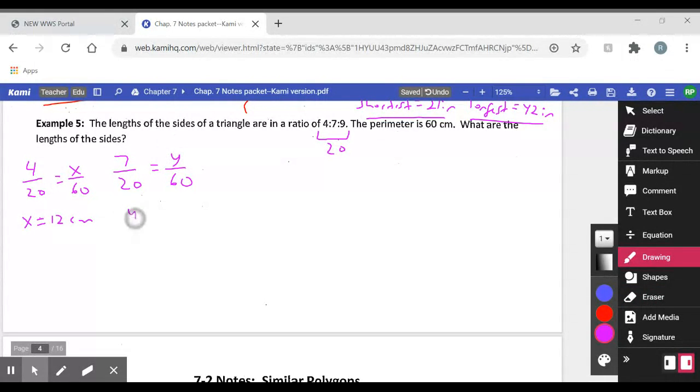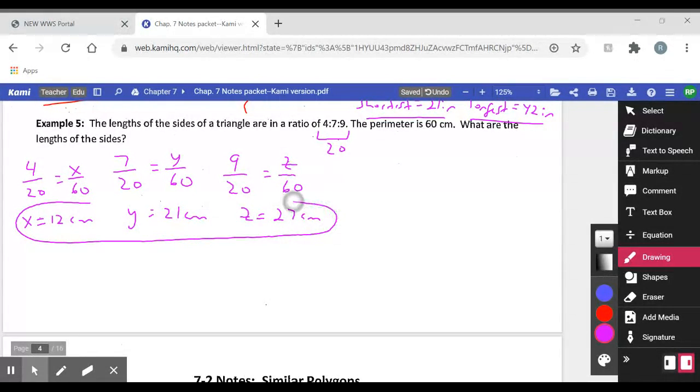So I could say solve and get y is equal to 21 centimeters. And then my last one would be 9 over 20 is equal to z over 60. And solve and get z is equal to 27 centimeters. So that is one option for finding the different lengths.